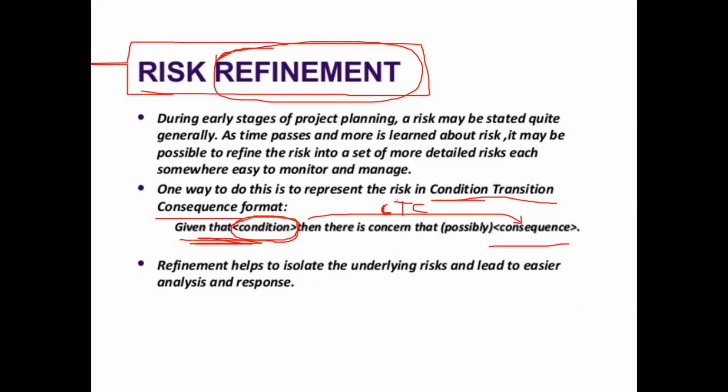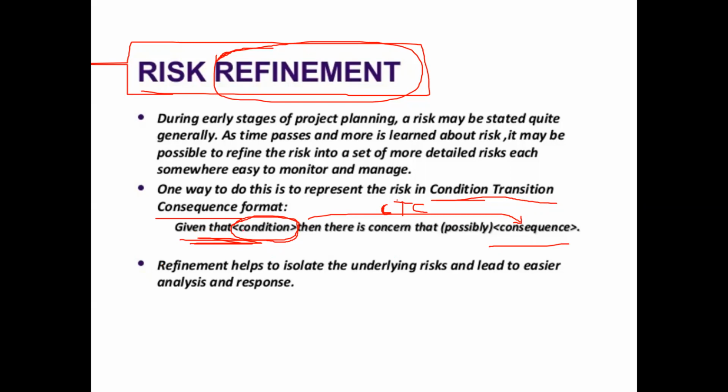Take one example: if this employee xyz has left the company, then the schedule will increase. That means the end date of the project may increase. This is your risk. So one person xyz will leave the company, and the schedule may be hampered. You have to write it in this way.